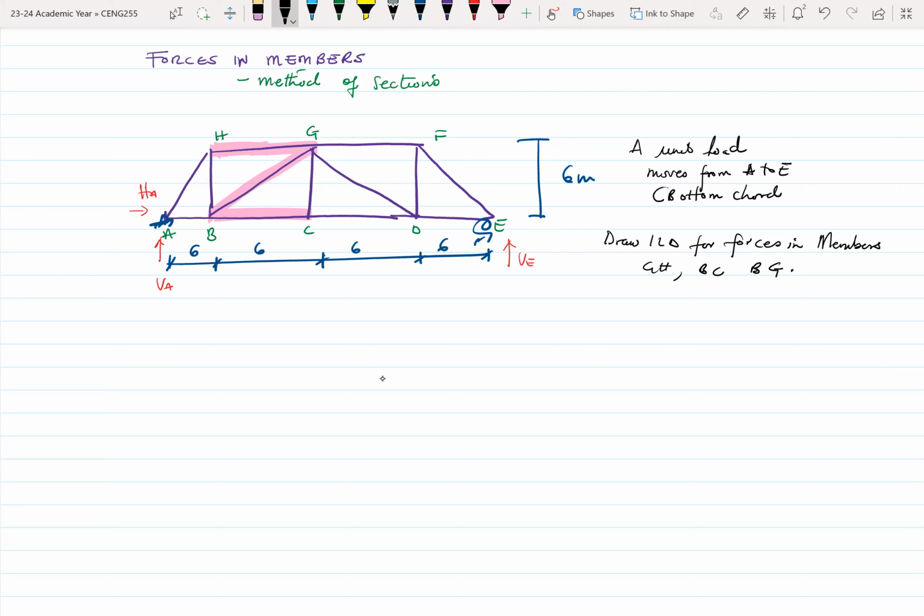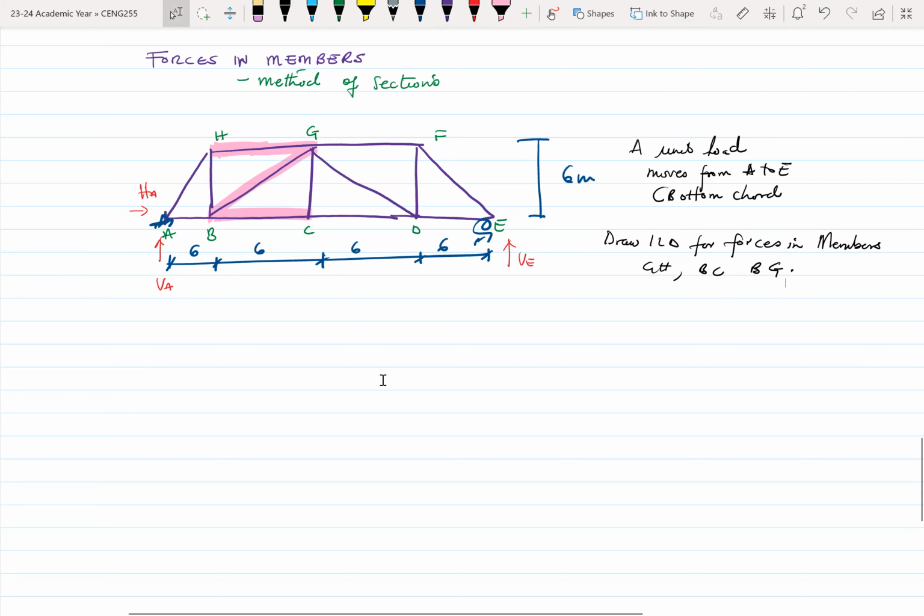So for these members, we want to draw the forces. And here it's easier to go with the method of sections, right? I didn't explain last week or the week before that when we are looking at trusses, depending on what you are looking at, you can use either the method of joints, which is the most common, or the method of sections.